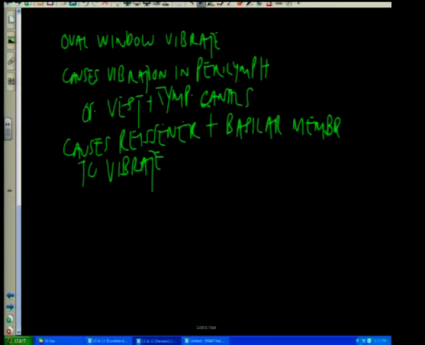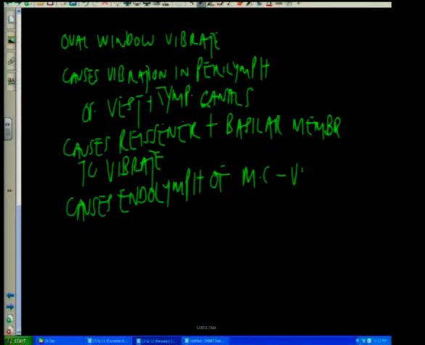Let's put the 2 there. What does this do? Causes the endolymph of the middle canal to vibrate. And because of this, the hair cells vibrate.